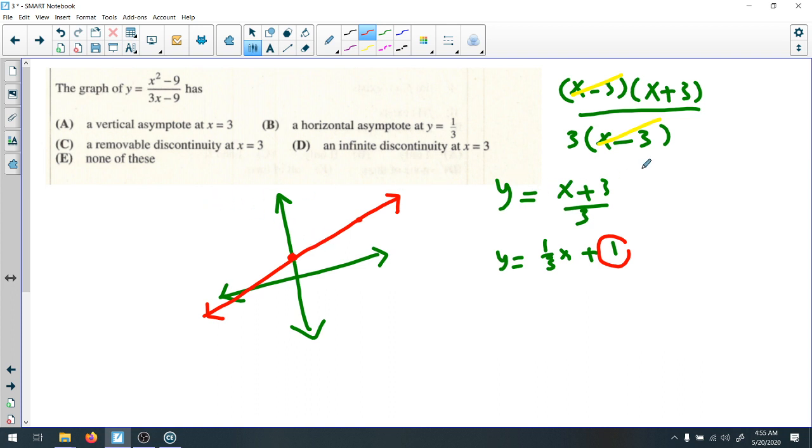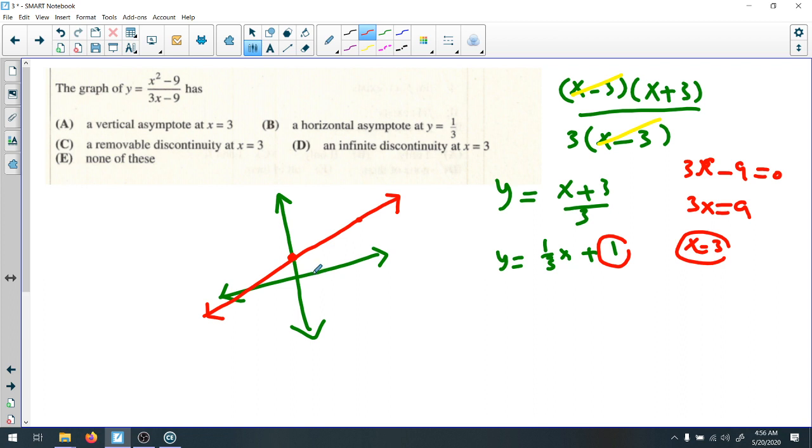What is the gap? It is the zero of the denominator. You take the denominator 3x minus 9 equal to 0. Then 3x equals 9, add 9, and then divide by 3, x equals 3.